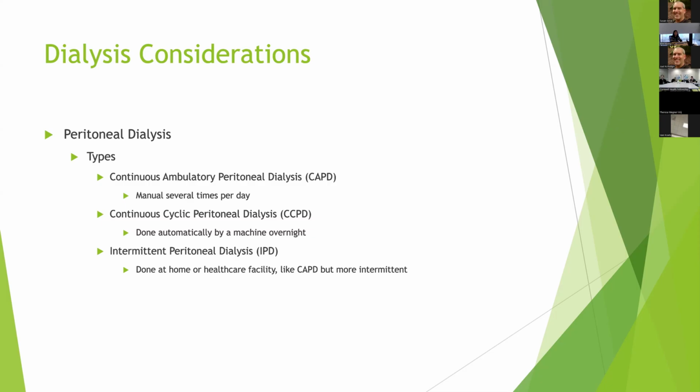Continuous cyclic peritoneal dialysis is done automatically by a machine overnight. That's more commonly what I see. And then intermittent peritoneal dialysis is done at home or a healthcare facility like CAPD, but more intermittent. So often you'll hear patients being offered peritoneal dialysis overnight at home.